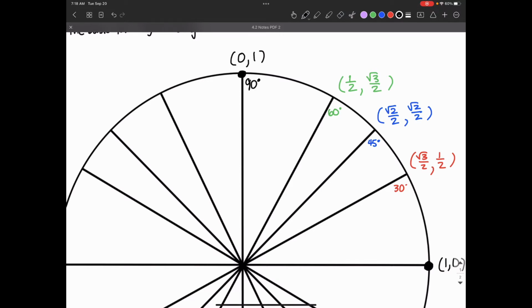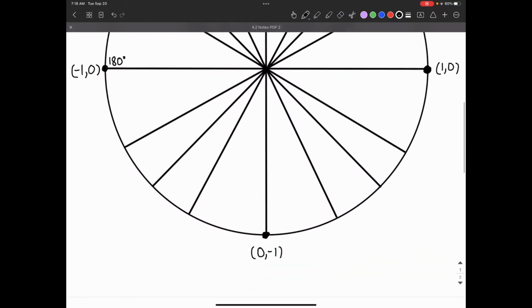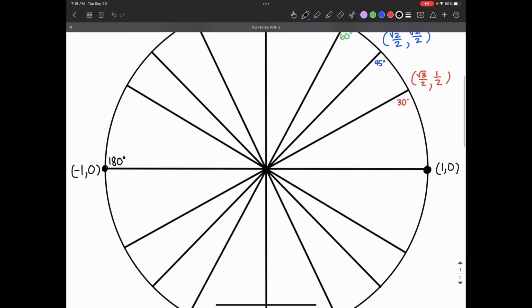We talked about what each quadrant was worth. -1, 0 is going to be 180 degrees, and 0, -1 will be 270 degrees. So 270 degrees. This is 1, 0, which is 0 degrees, or we can also say it is 360 degrees as well.